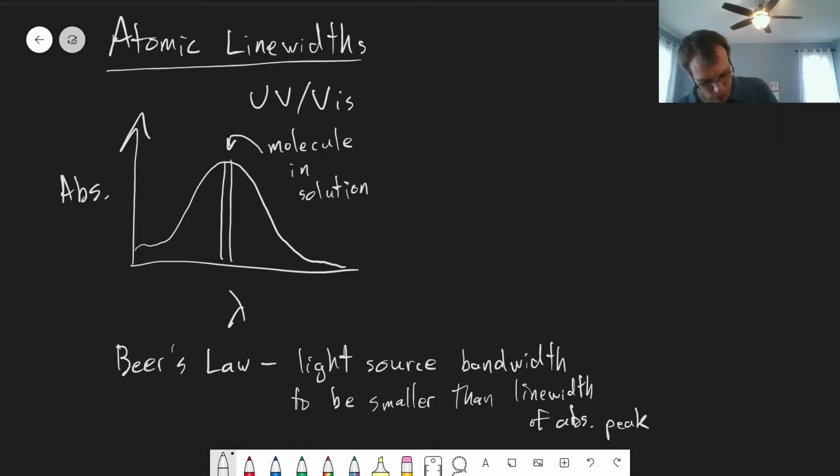So the line width we would call sort of like this distance here, right? How many different wavelengths are included in this one peak? And so with a monochromator, we can select a narrow band of that and do our absorption experiment, no problem.